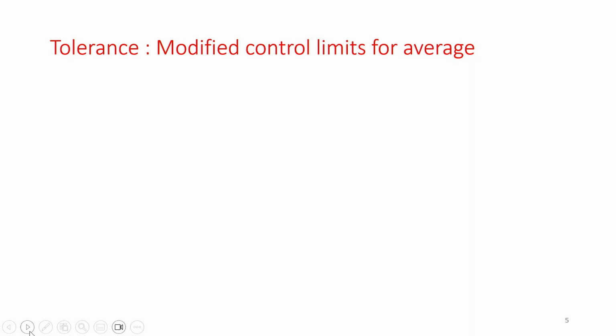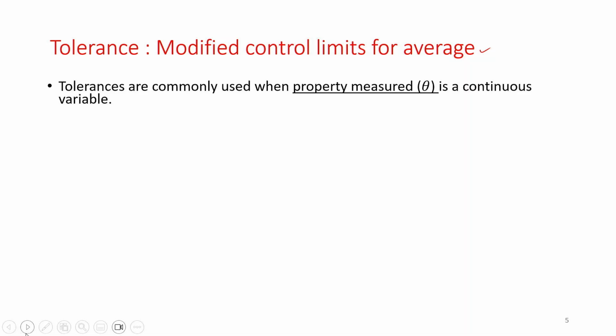From there we go to the next one, that is tolerance. Modified control limits for average, when tolerance values are given. In practical situations, tolerances are commonly used when the property is a continuous variable.